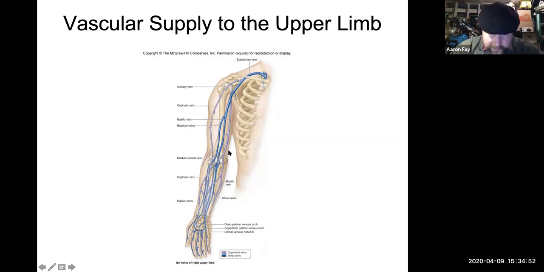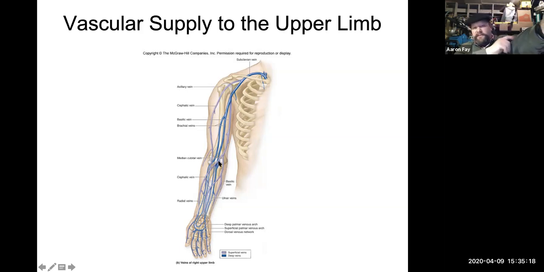Now, we're going to get a bit of a complicated mess here, but we have this crossover point, the median cubital vein. Remember, this is your cubital region, your antecubital region. Median cubital vein. This is often one of the ones that people are going to go for. And notice, it is going right across this thin part of your arm.